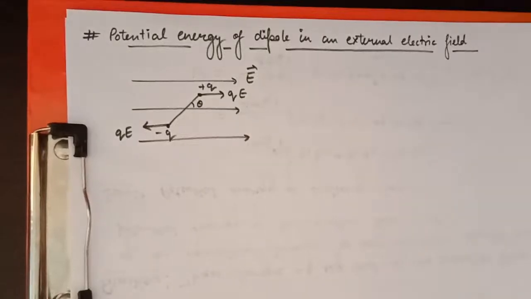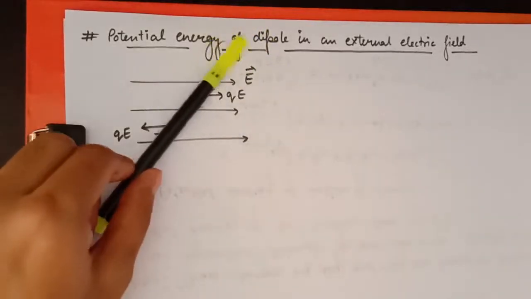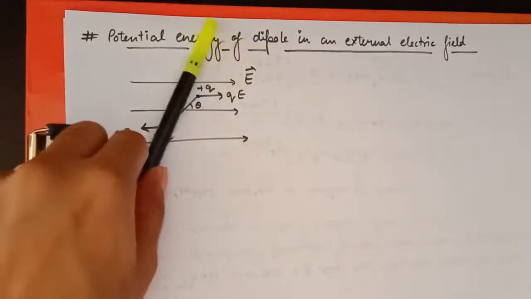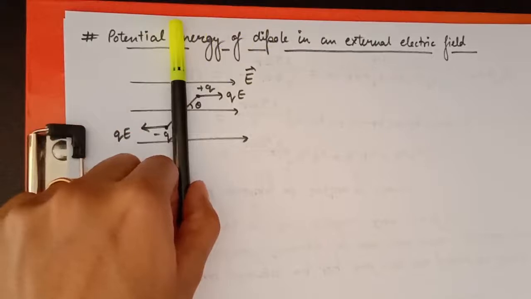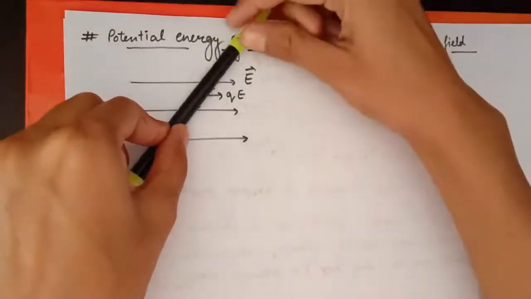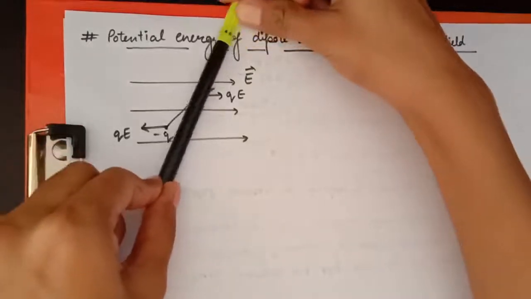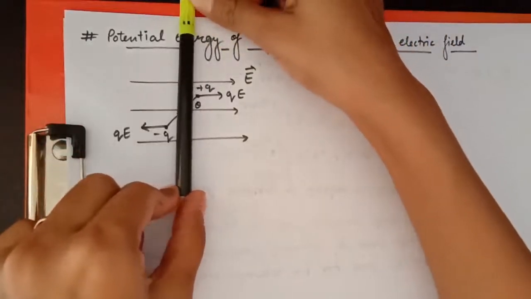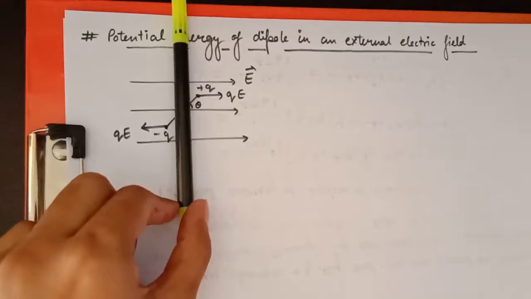So as we know from mechanics that work done is stored as potential energy. So in electrostatics, the work done to place the dipole perpendicular to the electric field will be stored as potential energy.